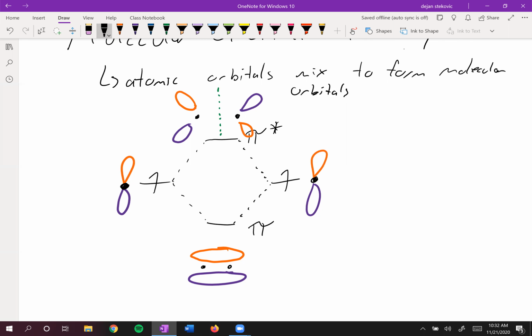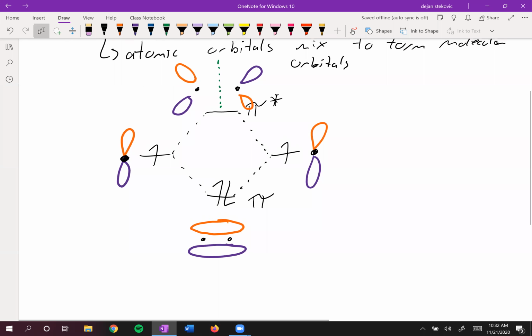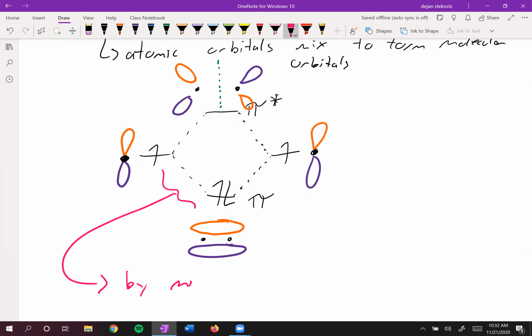And so when these molecular orbitals form, the two electrons from both sides will now go to the lower energy state, right? And so that's the whole point of mixing. Why do these orbitals mix? It's to get to a lower energy state, right? So by mixing, the electrons can go into an overall lower energy state.